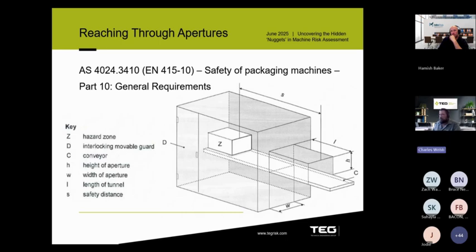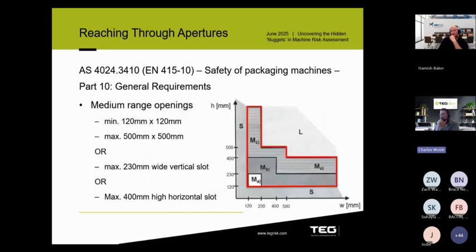There's a whole raft of options here, but I'll just focus on the one. Let's look at medium range openings. The reason I'm looking at medium range is because if it's small, you go back to 1801. If it's large, then you're going back to light curtains, interlocked powered guards, all that sort of stuff. So those are very standardized solutions. But the medium range is what's interesting here. So what's medium?